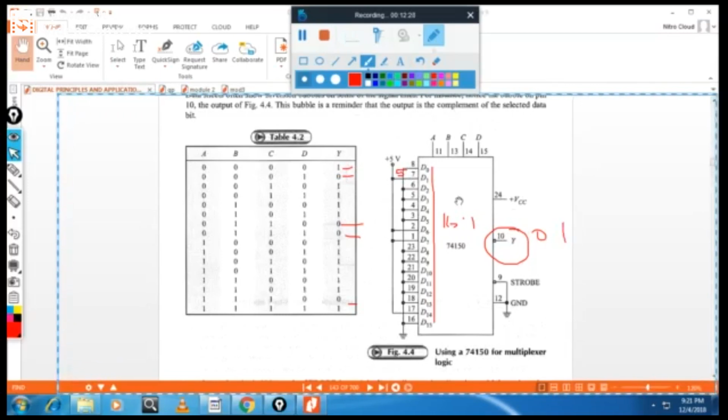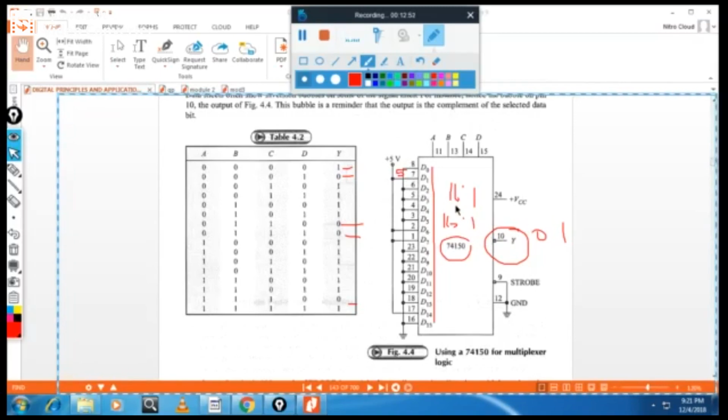That's why, if you use the 74150 IC, the output is an active low signal, and you have to represent it like this. Generally, if you use a 16:1 multiplexer and don't mention 74150, then you connect 1 to VCC and 0 to ground. Is it clear?